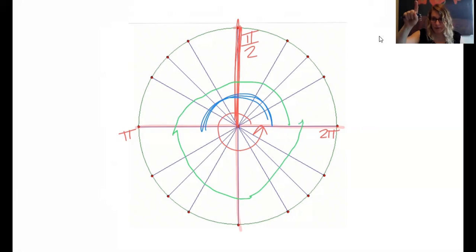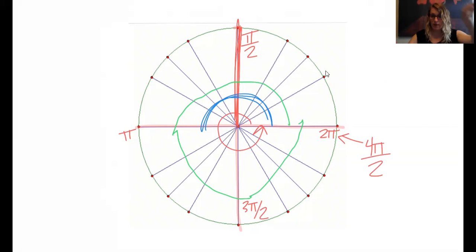So I have pi over 2, 2 pi over 2, 3 pi over 2, 4 pi over 2. So this little guy down here should be 3 pi over 2. And I'm going to draw the same thing as saying 4 pi over 2. So I'm just going pi over 2, pi over 2, pi over 2, pi over 2. Okay, so that labels those. Those are called the quadrantal angles.